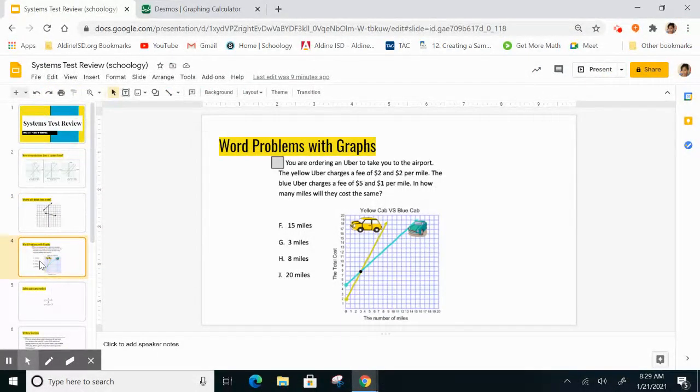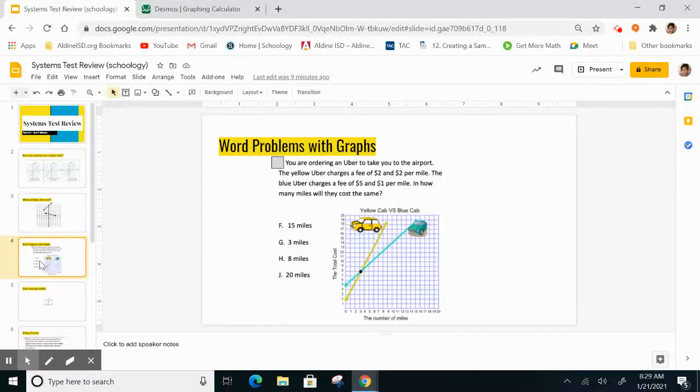Right, the next thing is a word problem given a graph. It says you are ordering an Uber to take you to the airport. The yellow Uber charges a fee of $2 and $2 per mile, and the blue Uber charges a fee of $5 and then $1 per mile. And how many miles will they cost the same?